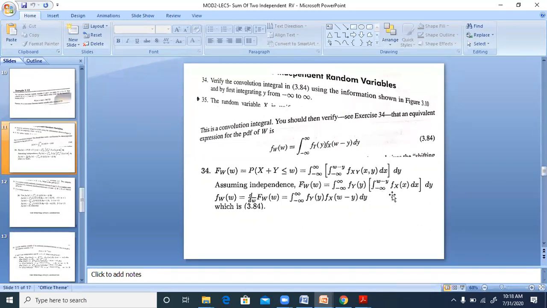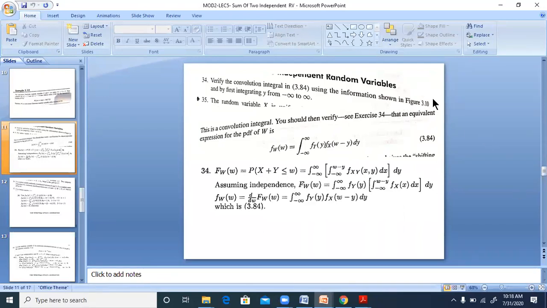If you differentiate and then integrate, what you have will get cancelled, but the limits of this will no more be x, it will be whatever is there over here, which is w minus y, dy. So thus we will get this quantity over here, right? Very simple, not a complicated thing. It is just that we'll get f of w is equal to this quantity.